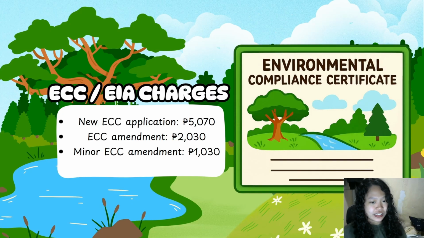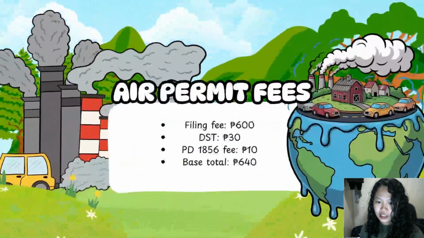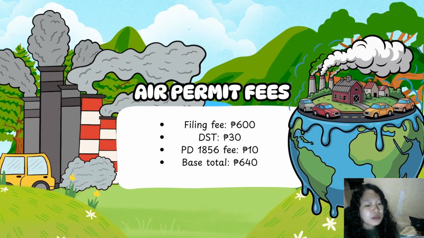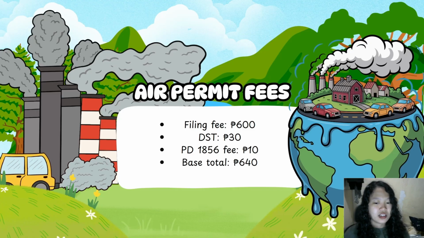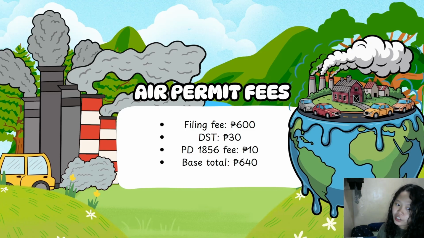So next is air permit. Client: May machine po kami na naglalabas ng usok. Magkano po ang permit? Lawyer: Kung may air emissions po ang equipment ninyo, required ang permit to operate.